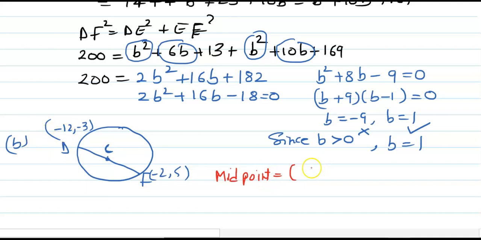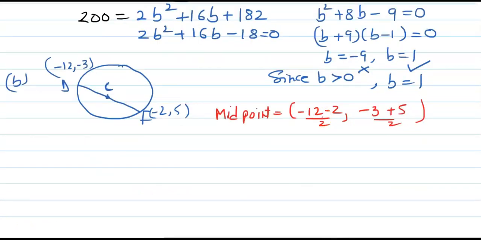Midpoint will be minus 12 plus 2 divided by 2, and then minus 3 minus 5 divided by 2.